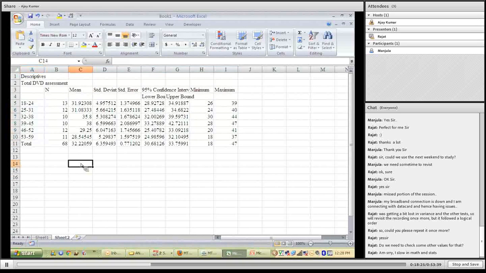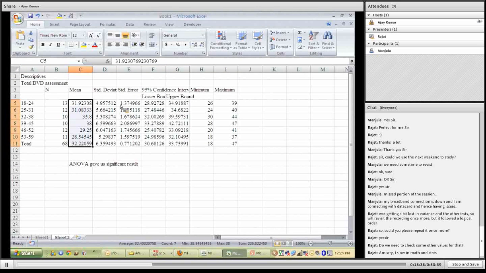ANOVA gave us a significant result. This means what? That there is a significant difference between means, and these are the means. If I reduce the decimal points, these are the means, right? So ANOVA gave us significant results. That means that these groups are different from each other as far as their means are concerned.